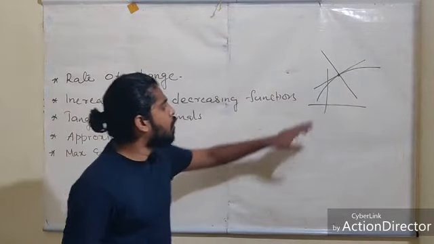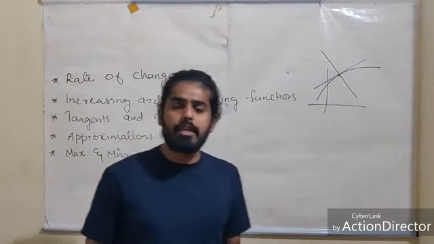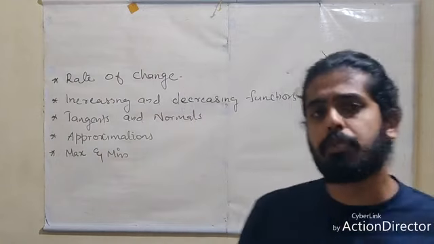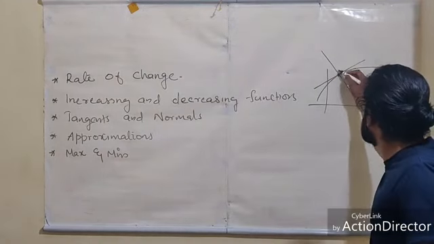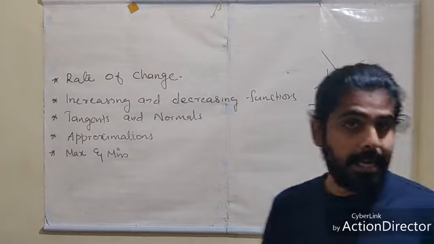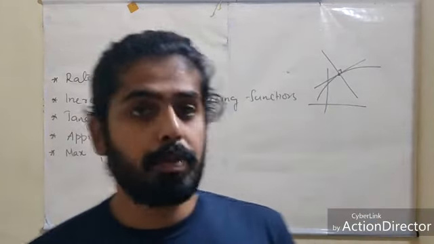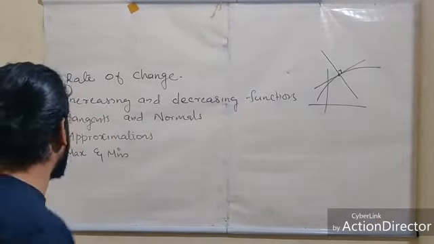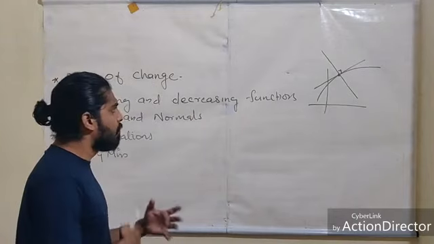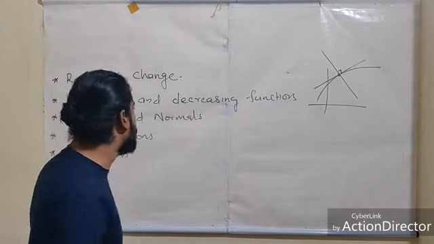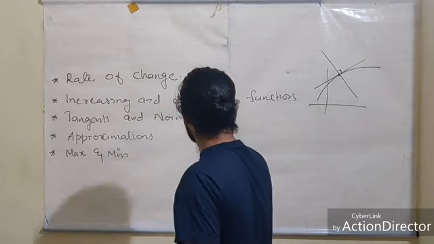To find the slope of the normal, we take the negative reciprocal of the slope of the tangent. Since these lines are perpendicular, the product of the slopes is -1. Finding the equation of tangent and equation of normal all comes from this exercise.